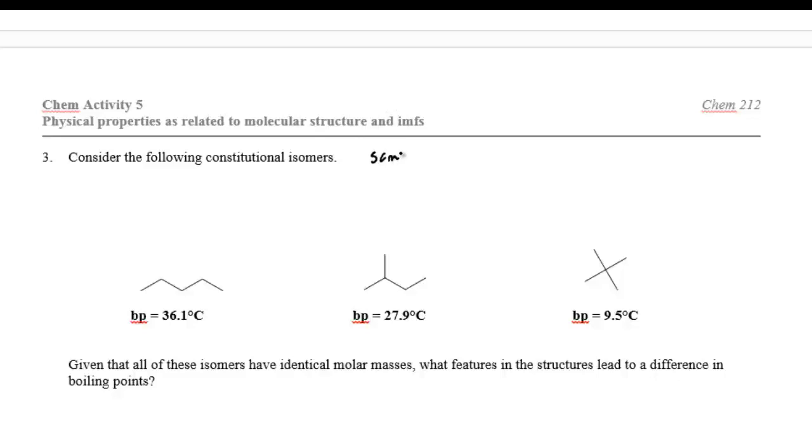So these constitutional isomers have the same molecular formula, and the molecular formula happens to be C5H12, but they do differ clearly in structure.